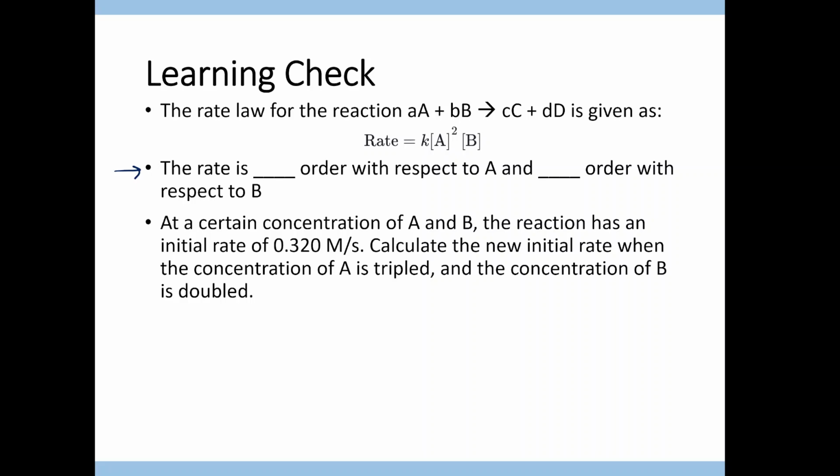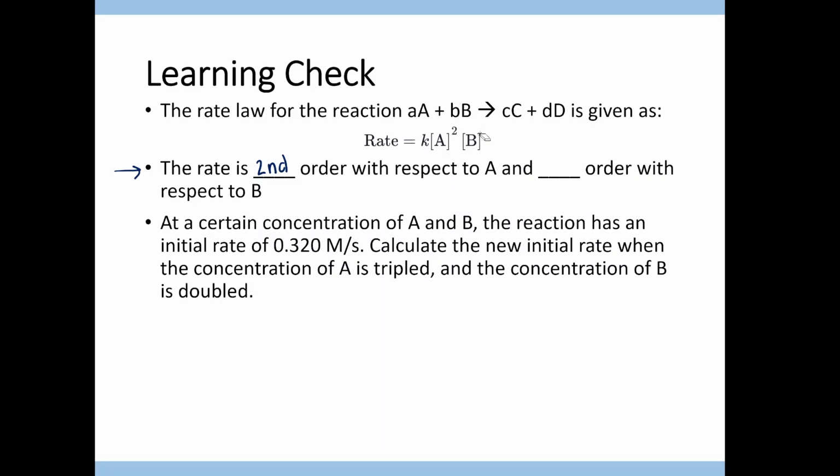First one is the rate is some order with respect to A and then what order with respect to B. Well, the coefficient tells us what that order is. So, not the coefficient, the exponent. So the exponent for A is 2. So the rate is second order with respect to A. And B is included in the rate law, so it has an exponent of 1.